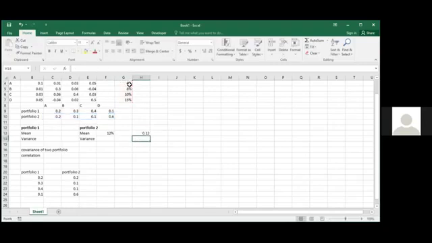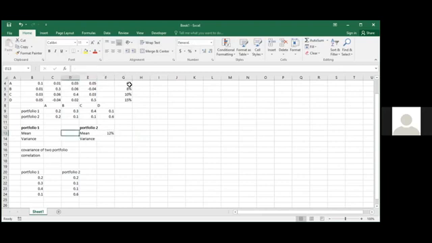But in some cases, if you want to copy those things, then you can lock the column and the row values here. So in this case, we get the same answer.